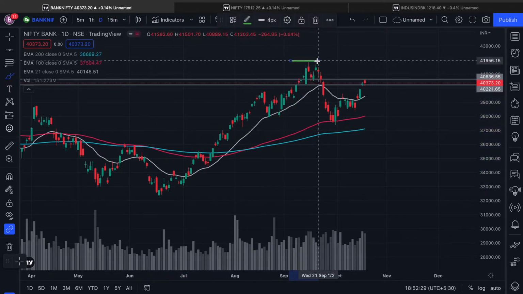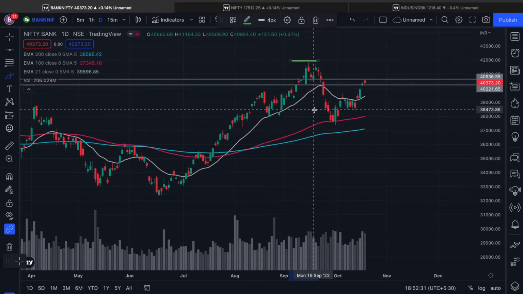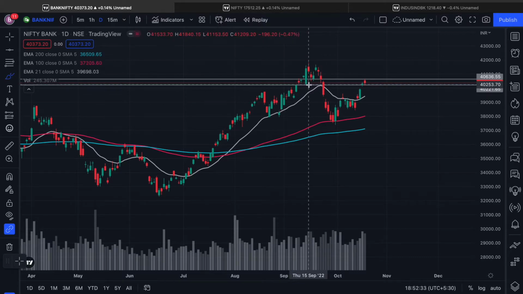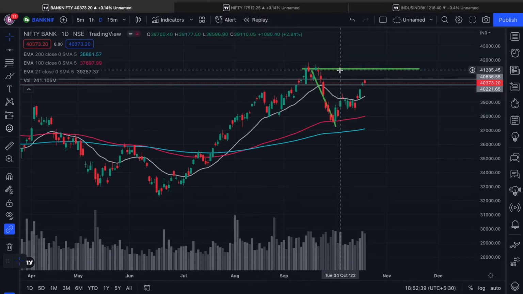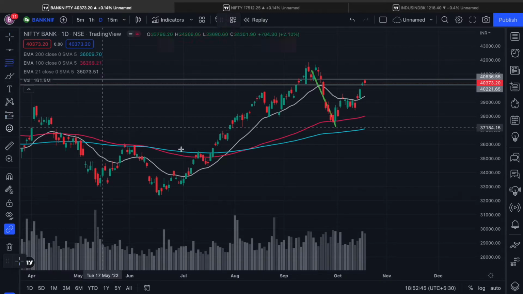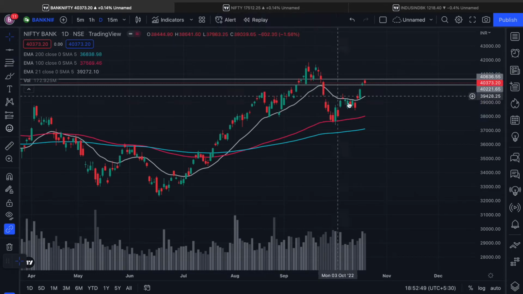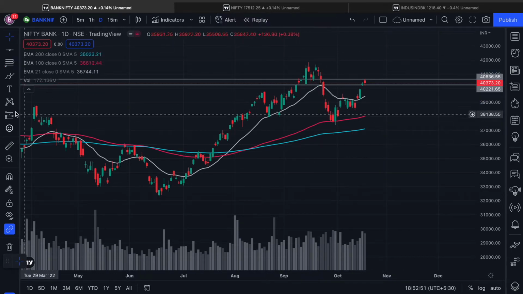So yes, it has made a new all-time high just 1 month back, and from there on we can see a nice correction, right, an impressive correction wherein we have got a number of nice short trade setups, but eventually this fall did not sustain for long enough, and we can see a nice recovery, right?